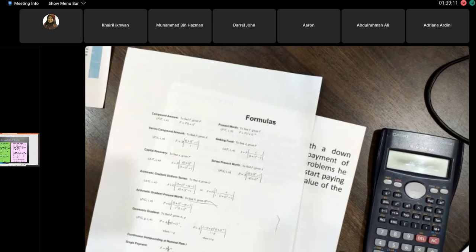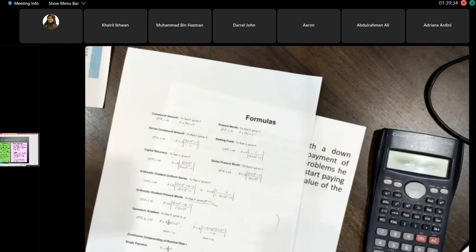So this one is F, right? This one is F, and what you want to find out is P. So that's why we use P over F, equal to F, E, F, I, enter.